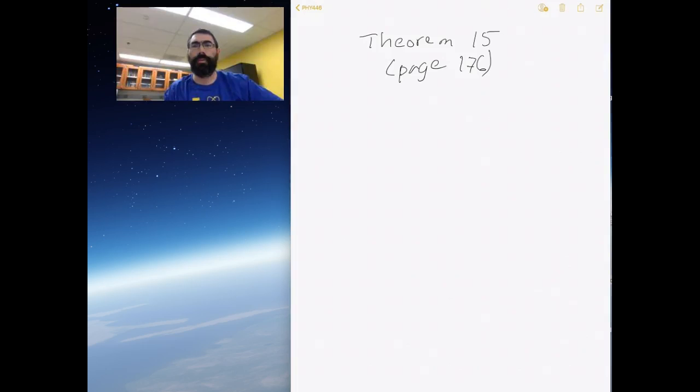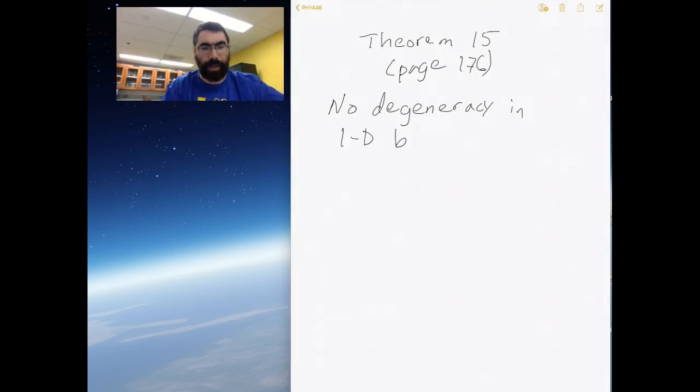I would like to go over theorem number 15 that you can find in the textbook on page 176. So what does this theorem say? Well, what the theorem says is that there are no degeneracies, so basically no degenerate energy levels, in a one-dimensional bound state.